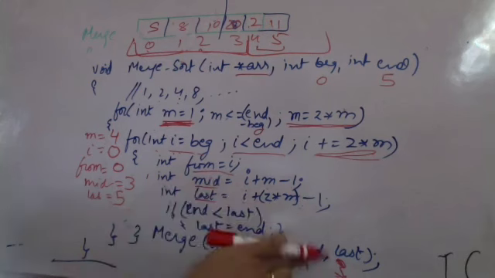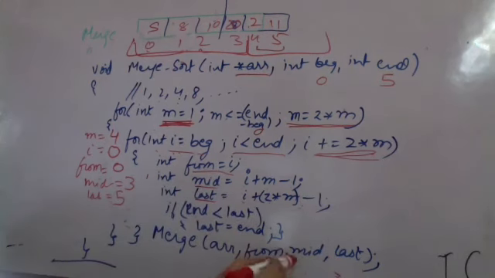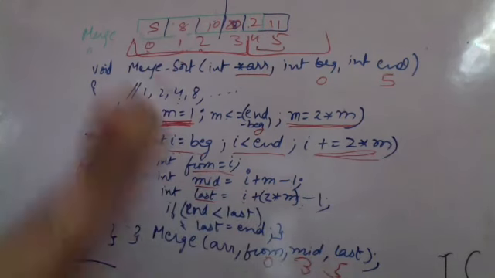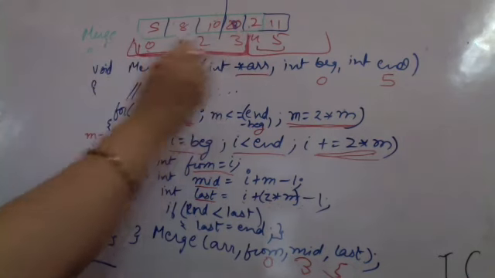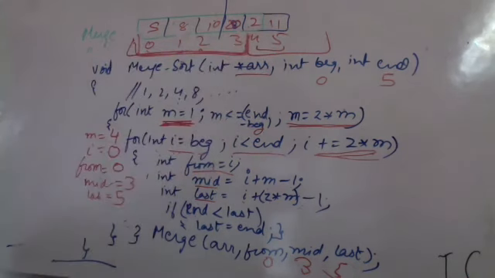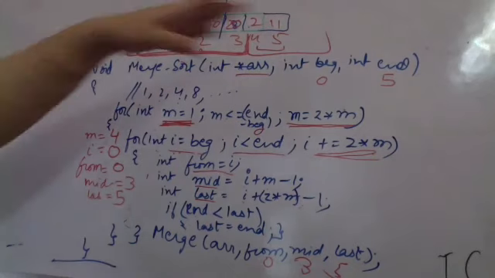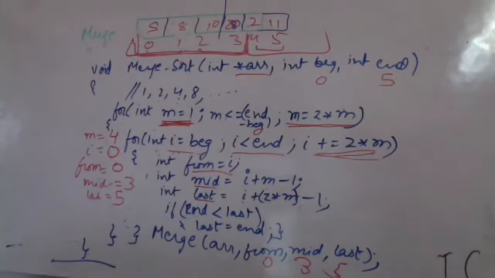So now when I am calling from 0 to 3 and last is 5, an array from 0 to 3 will be formed and then the rest is another array. When I come back I will be having the original array which is completely sorted.